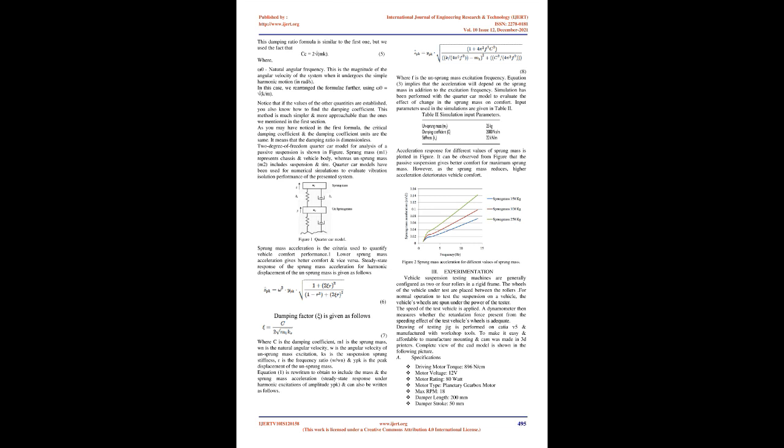This is the magnitude of the angular velocity of the system when it undergoes simple harmonic motion, in rad/s. In this case, we rearranged the formulae further, using ω0 equals √(k/m). Notice that if the values of the other quantities are established, you also know how to find the damping coefficient.